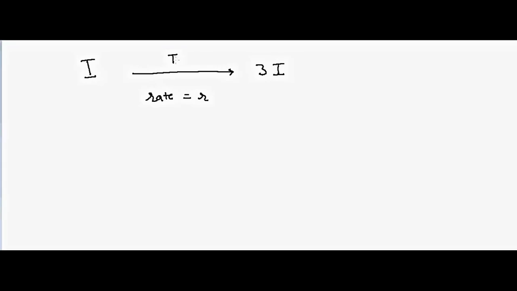By using this trick we can calculate how much time it will take, and the trick is simple. You take the number 115 and you divide it by r, and that will give you the time for the investment to be three times.